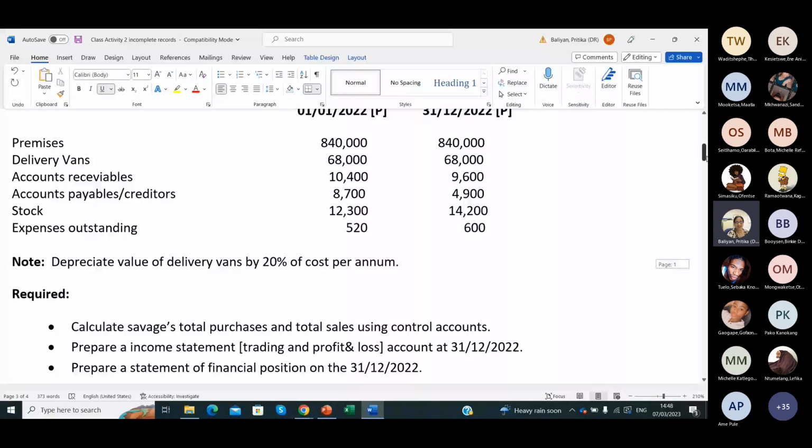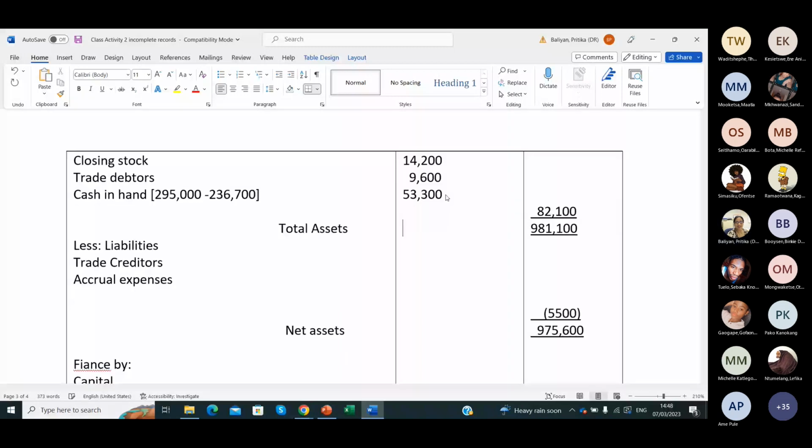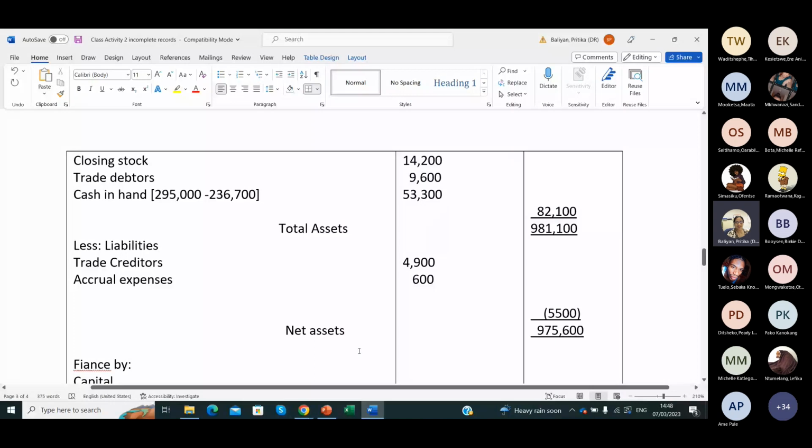So 4,900 plus 600, the accrued is 600. So when you add, you will get the net asset, which is 975,200.